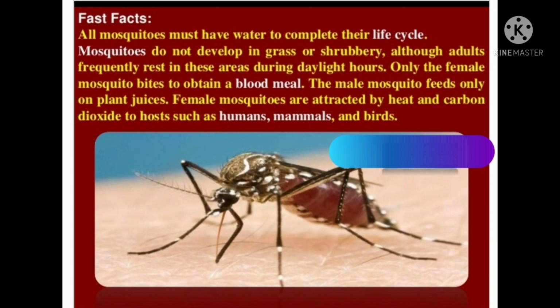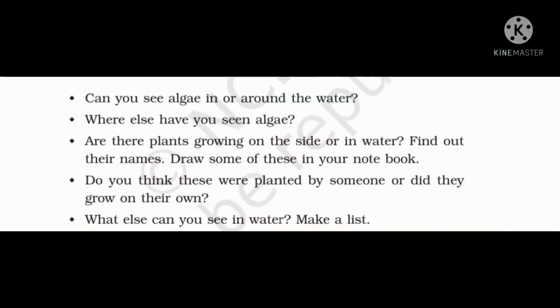Hope all of you can remember this portion from the chapter Super Senses, where we had learnt about how mosquitoes can find you by recognizing your body heat and your body temperature. So, these are some interesting facts about mosquitoes.